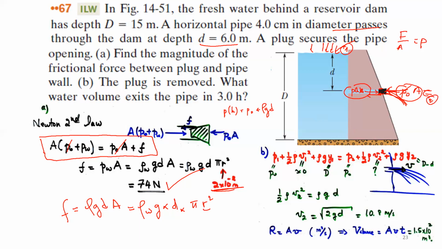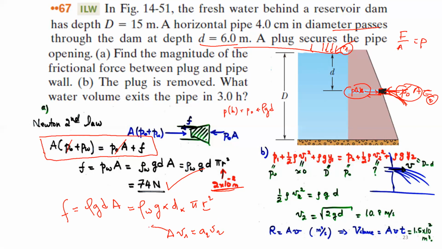Good. Now, of course, this is a dam. So this is extremely large. I mean, it's semi-infinite. So I will say that continuity equation, of course: cross-sectional area of the water surface multiplied by V1 is equal to cross-sectional area of the plug multiplied by V2.